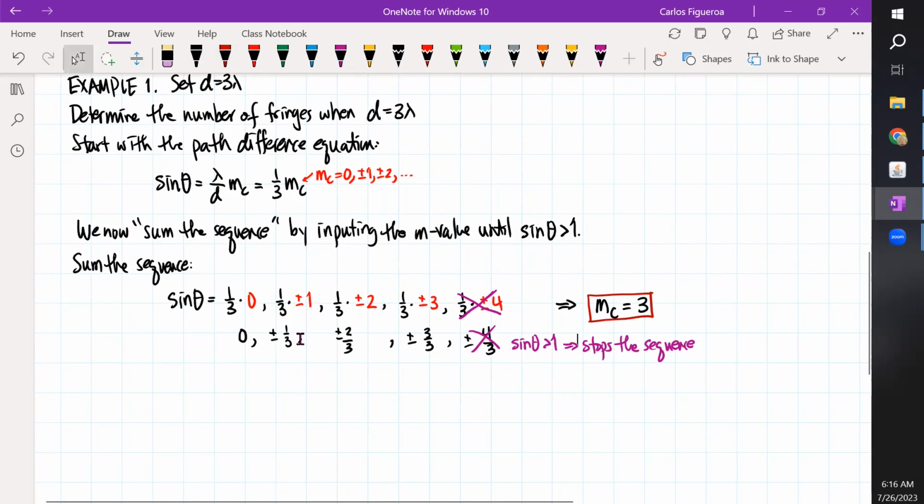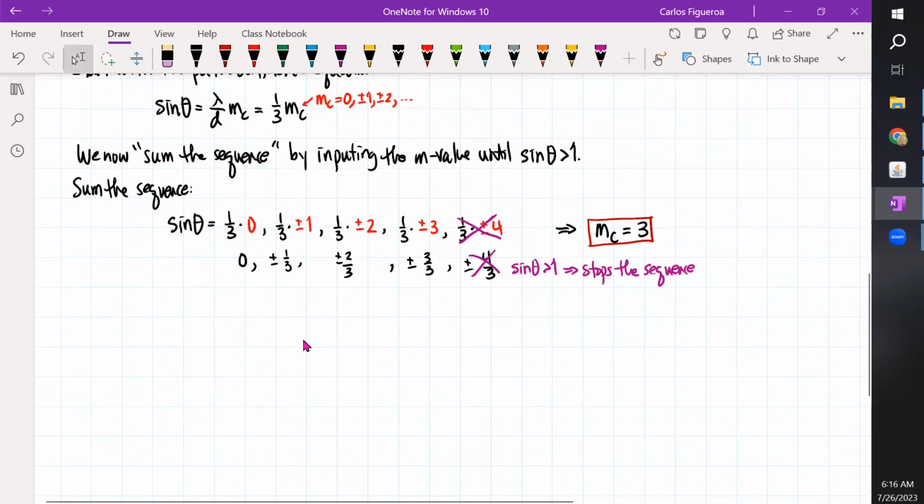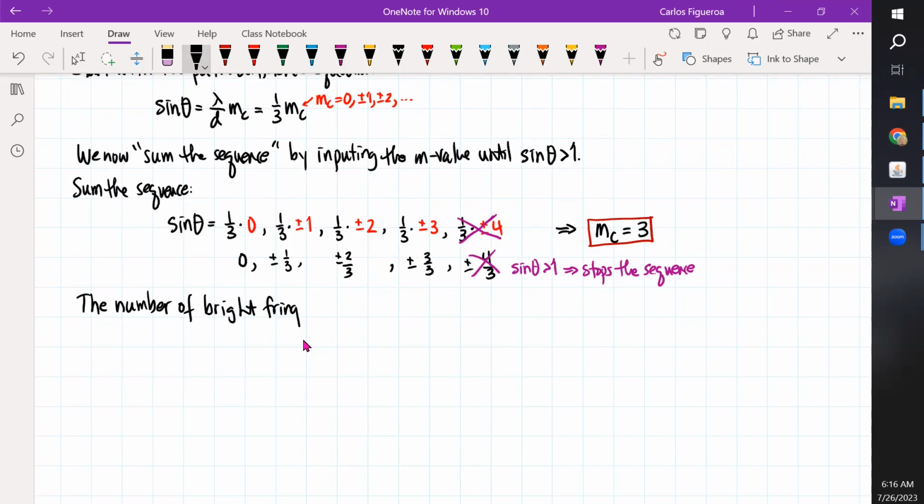Okay, so that tells me then, if you're just looking at these numbers, what do we see here? The number of bright fringes are the possible values.